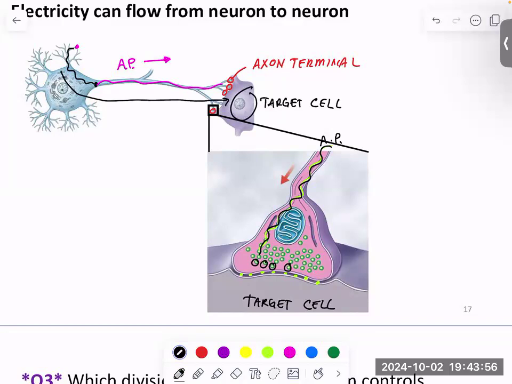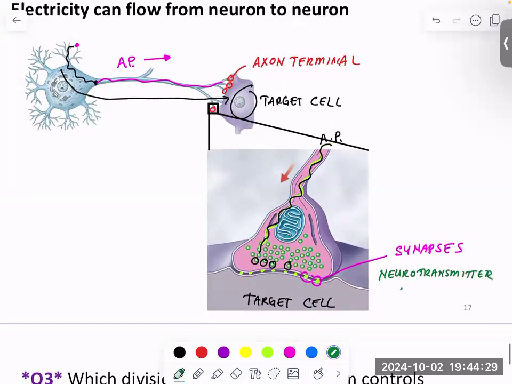Through the neuron, it's an action potential. However, in between neurons, right here at the synapse, where neurons meet their target cell, the signal is not an action potential. The signal is a neurotransmitter.